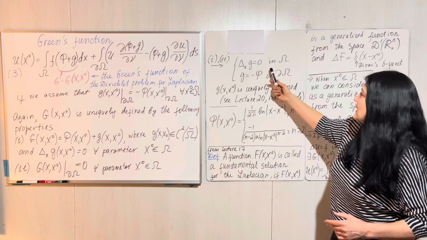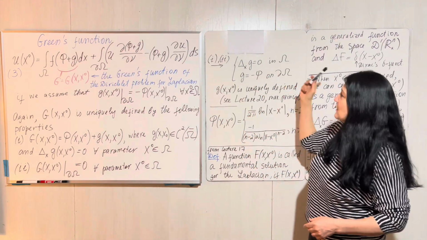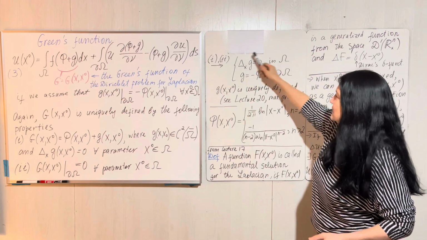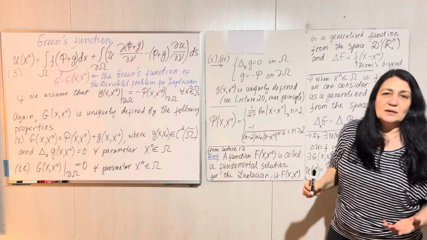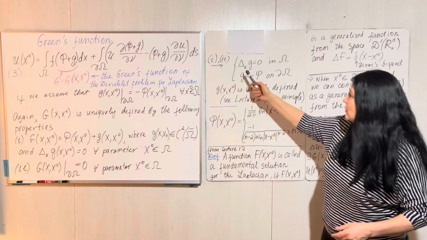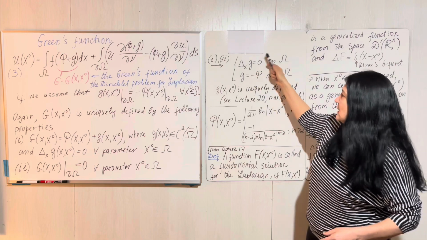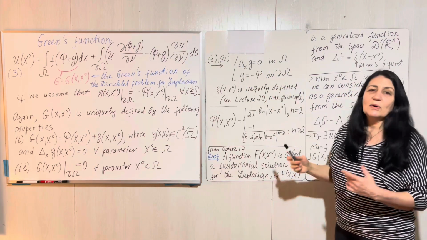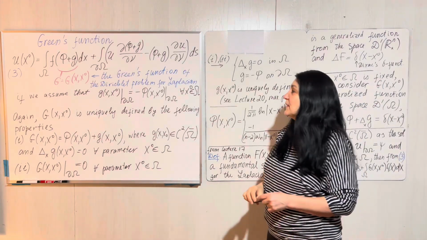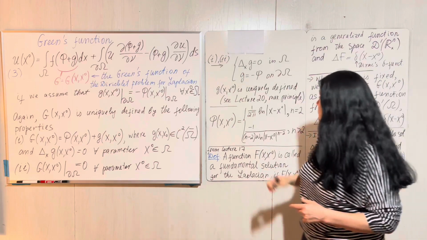Let's consider two functions g1 and g2, both satisfying this problem, then consider the difference g1 minus g2. This difference is a harmonic function, and it satisfies the zero boundary condition. So it means that this difference is zero, so g1 equals g2.